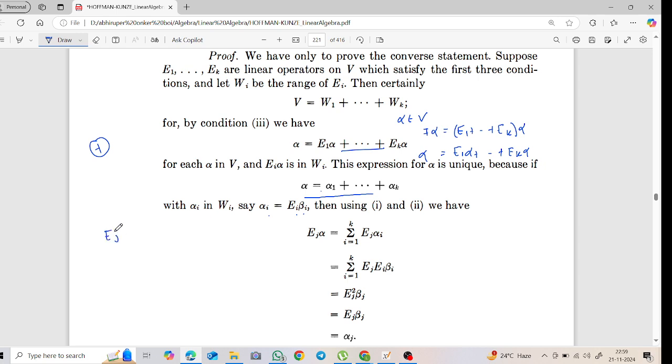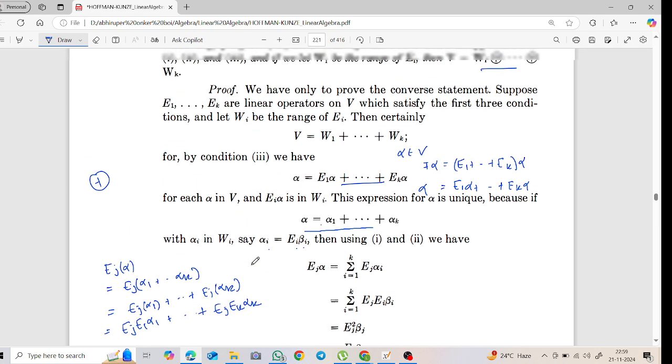So Ej alpha is nothing but Ej of alpha 1 up to Ej of alpha k. But what are the alpha i's? That is Ei beta i, right? So we write Ej E1 beta 1 up to Ej Ek beta k.